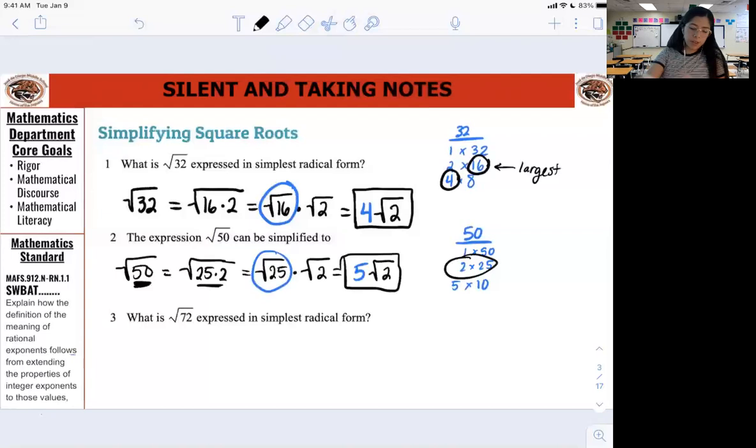One more, let's do number 3, and then I'll give you a couple to do on your own, and then we'll be done. So 72, factors of 72. 9 times 8.